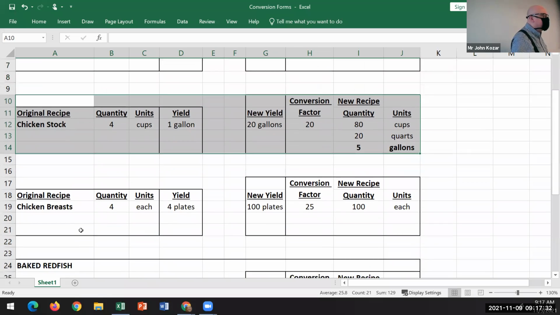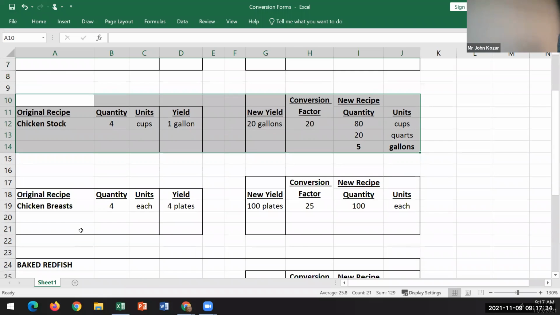Okay, so this recipe calls for chicken stock. It calls for 4 cups of chicken stock. And our yield for the whole recipe is going to be 1 gallon.